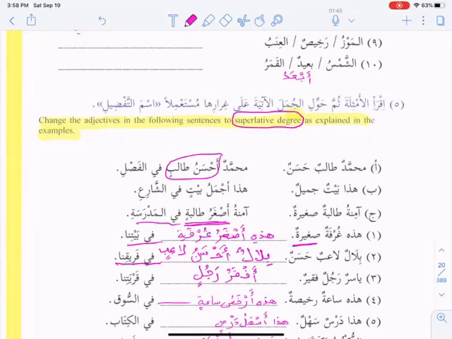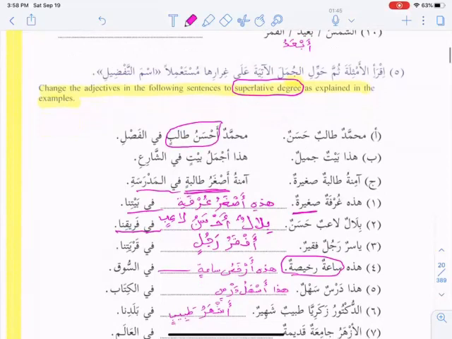هذه ساعة رخيصة في السوق. هذه أرخص ساعة. Look at how it is changed. هذه أرخص ساعة في السوق. This is the most inexpensive watch in the market. هذا درس سهل في كتابي. هذا أسهل درس في الكتاب. الدكتور زكريا طبيب شهير في بلدنا.